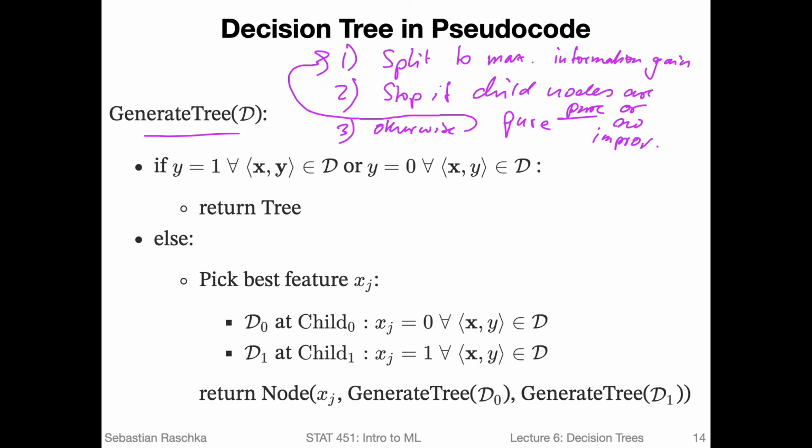How the concept works in a nutshell is, imagine that we have a data set D here at this point.